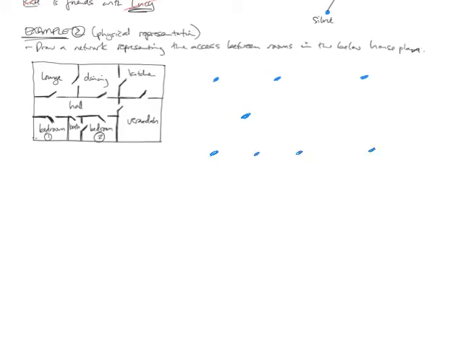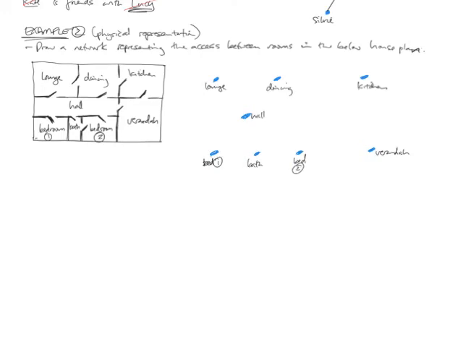So we have represented as nodes all of the things of interest. That's the lounge, dining, kitchen, hall, bed 1, bath, bed 2, veranda.